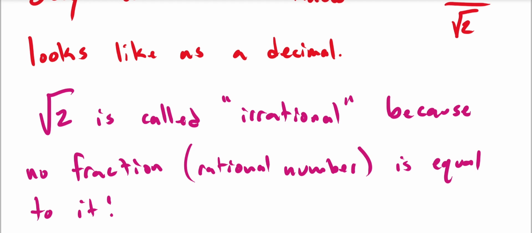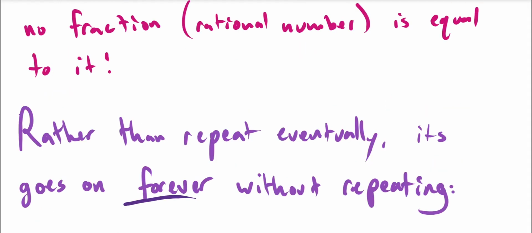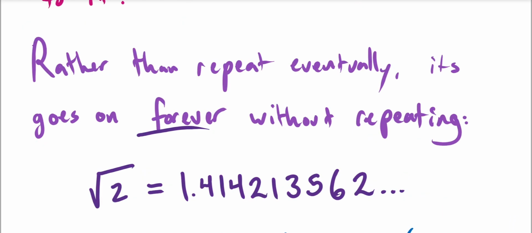Its decimal goes on forever and never develops a repeating pattern where you just copy, paste, copy, paste. This stands completely against how the rational numbers behave, where eventually for every rational number, it develops a repeating pattern. A repeating pattern where we are just copying and pasting a fixed cluster of numbers over and over again forever, like the way that 1/3 becomes 0.333333333. That's not how the square root of 2 works.